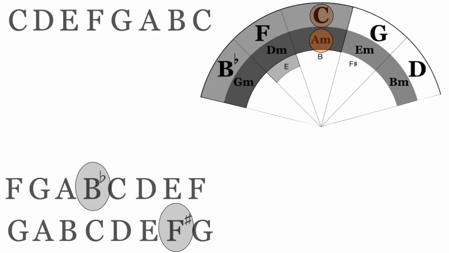So with D minor, everything's going to align, but you would have a B flat. With E minor, everything's going to align, but you'll have an F sharp. So it's the same exact thing, right? It's just the order of the notes might be a little bit different.